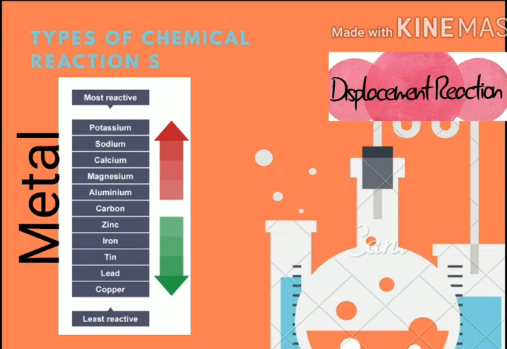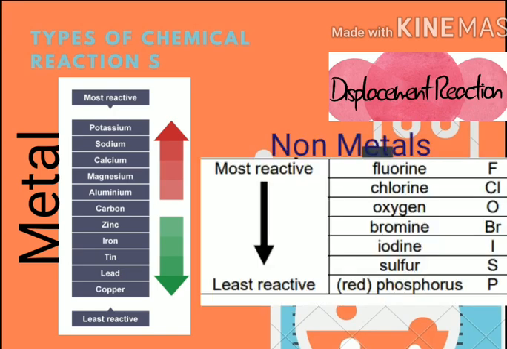Now let me show you the reactivity series of nonmetals. In this you can observe that the most reactive nonmetal is fluorine, and as we move down the reactivity decreases, and iodine is the least reactive element.